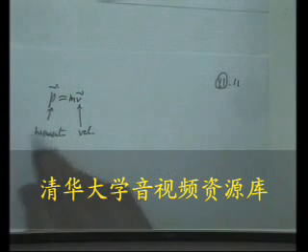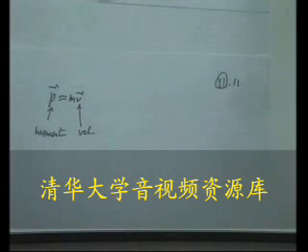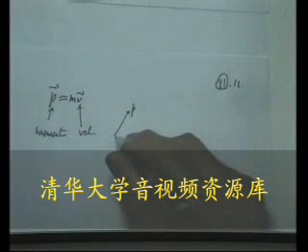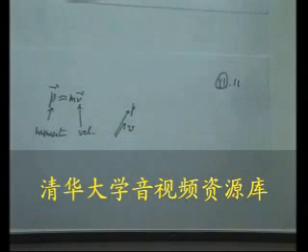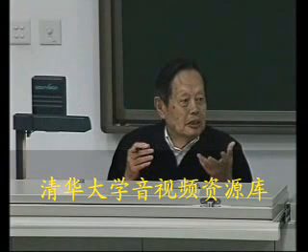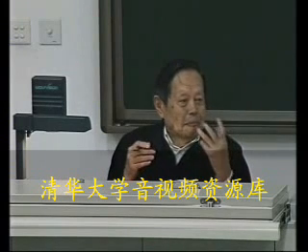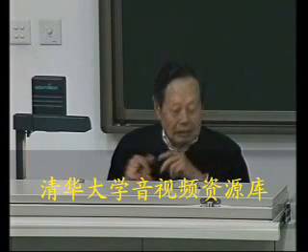Therefore, the linear momentum is always in the same direction as the velocity. P and V are different concepts. V is a kinematic concept. P is a dynamic concept. P has mass in it. But they are always parallel to each other.